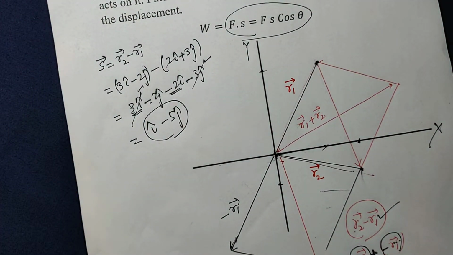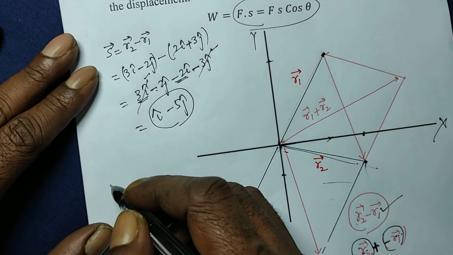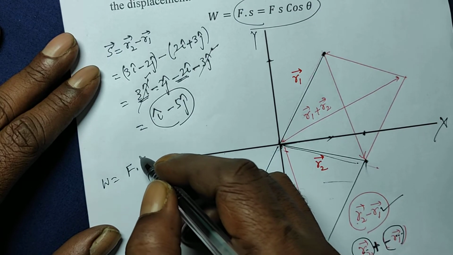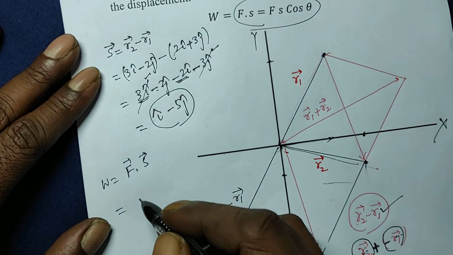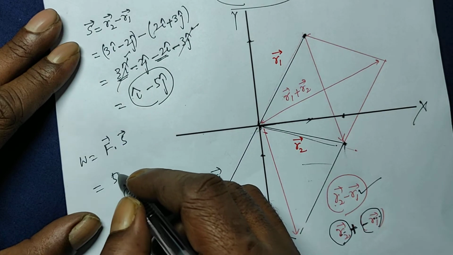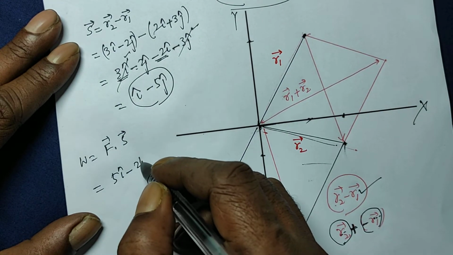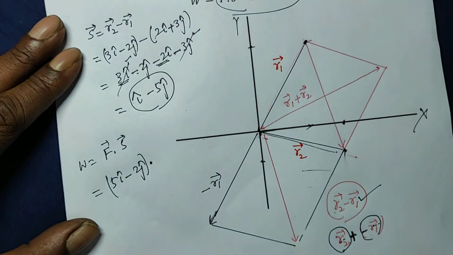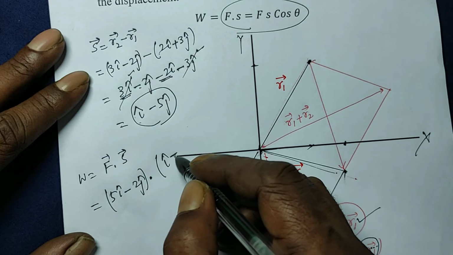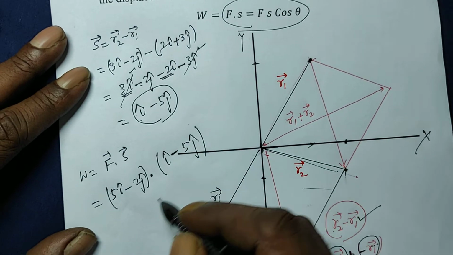So your work done will be F dot S, and your F is given as 5i cap minus 2j cap. The displacement we just found is i cap minus 5j cap.